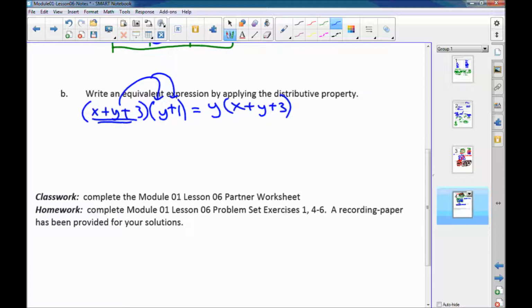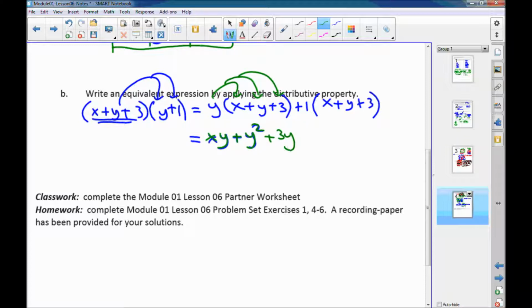And we're going to get 1 times x plus y plus 3. Okay? So multiplying the y in will give us xy. Y times y gives us y squared, so we're distributing again. So y times x, y times y, y times 3, which gives us xy, y squared, and 3y.